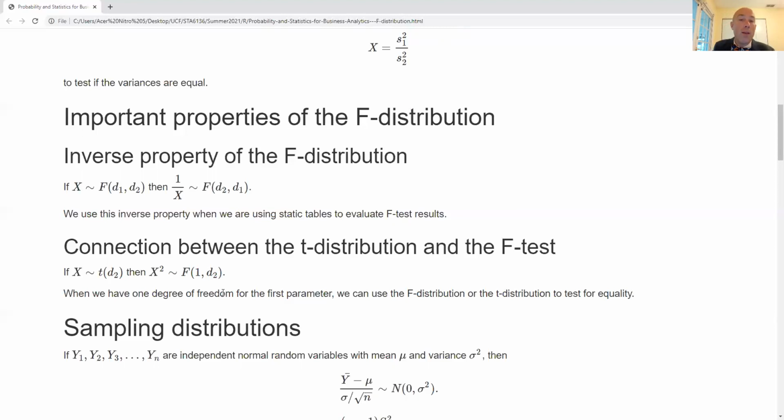Why is that important to us? Well, if I'm in a situation where I'm using an F distribution with 1 degree of freedom, I could potentially go with a t distribution instead, or if I'm using a t distribution, I could use an F distribution instead.